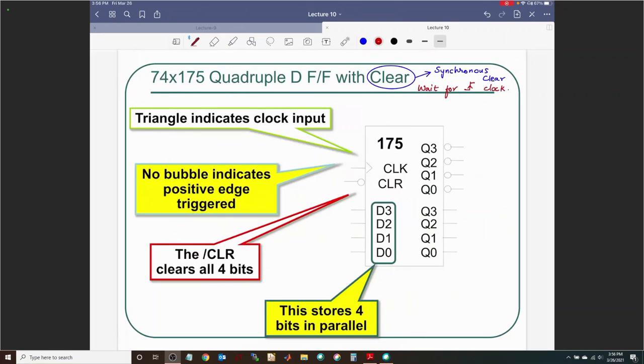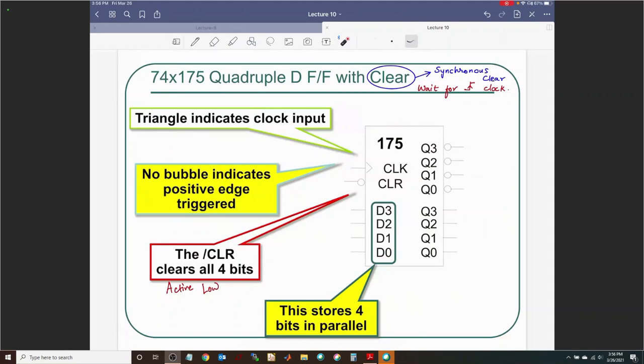Now let's take a look at the inputs and outputs of this 74x175 chip. It is a positive edge triggered register. It has an active low clear. Can you see that? I also said that it is synchronous, it is in sync with the clock.